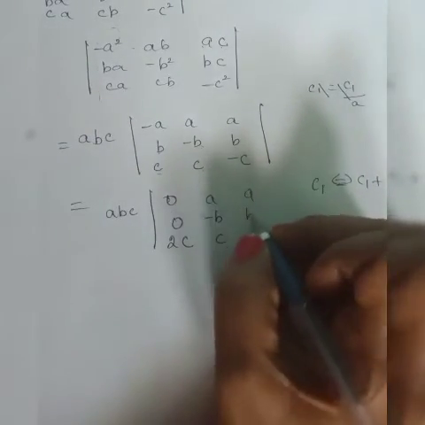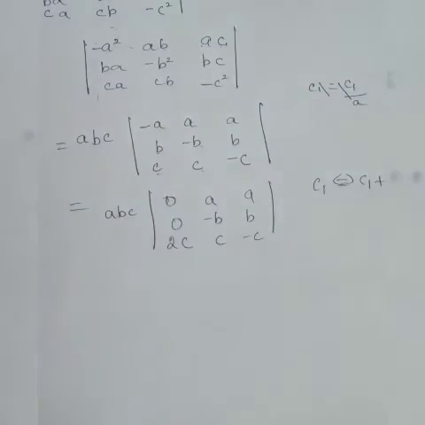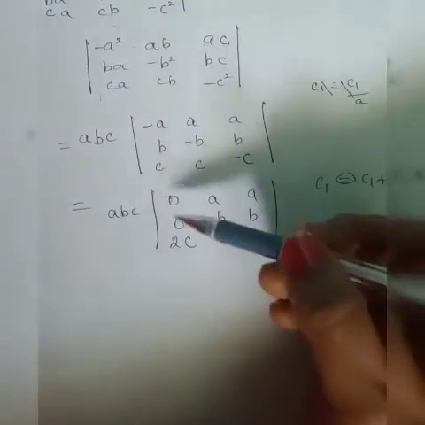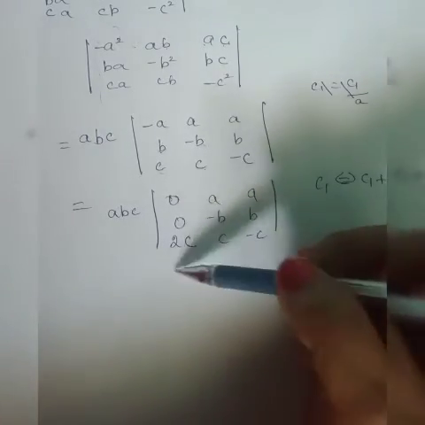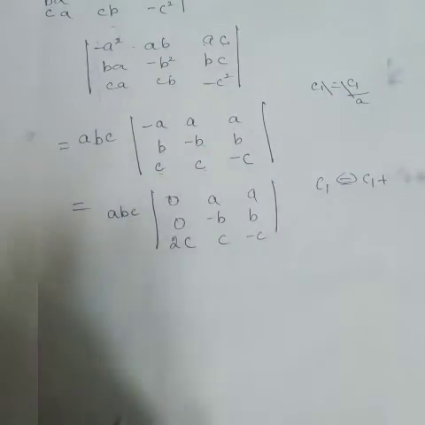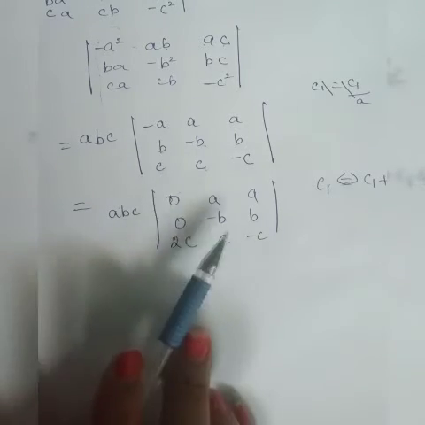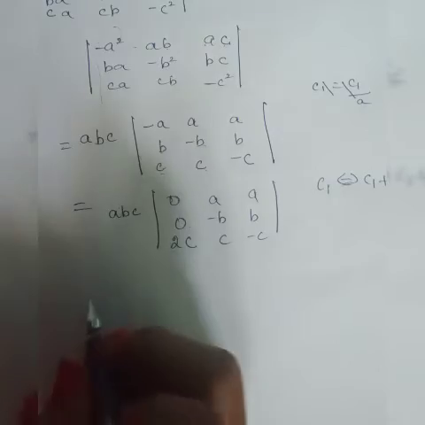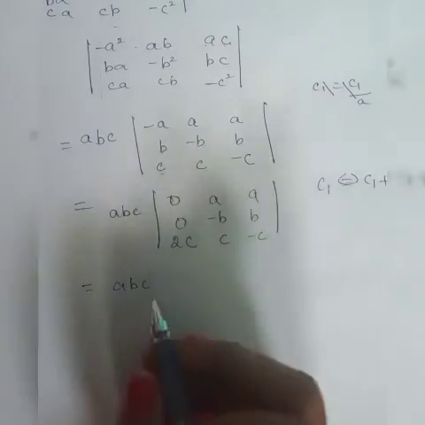Now, after this I can expand. Expand column wise, because we have two elements 0 in the column. 0 into anything is 0, minus 0 into anything is 0.